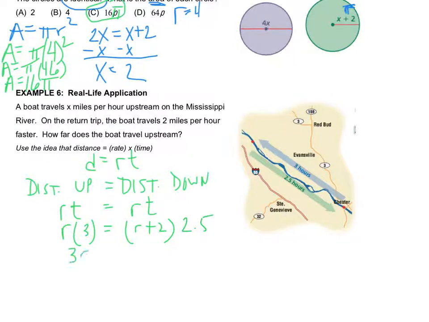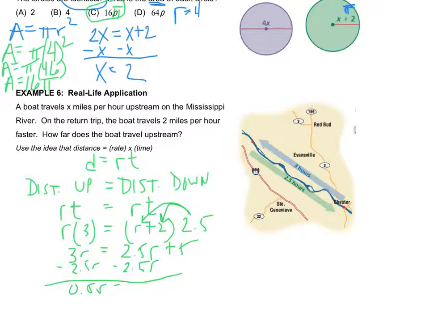Now I just use my distributive property on the right side. I'm going to bring this 3 in the front there. I would just do it backwards here to get 2.5r plus 5 there. Then when I move my steps, I bring my r's together. I'm going to subtract 2.5r from both sides. 0.5r.